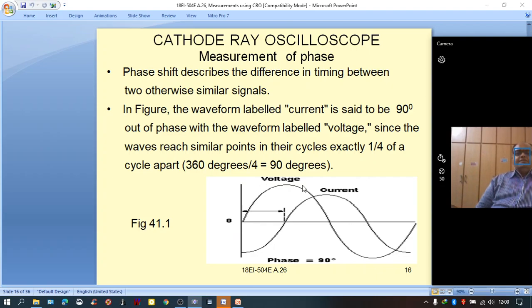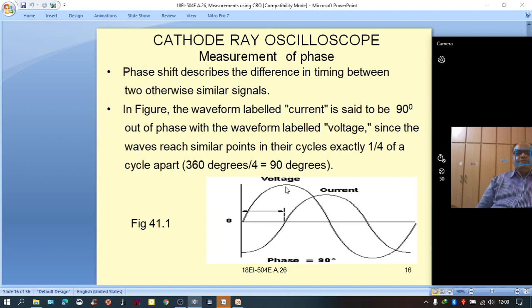Now here in this particular example, one signal is applied to X channel, another signal is applied to Y channel. Now as you can see, voltage is starting at time t is equal to 0, whereas current is starting at time t is equal to 90. So for both the signals, either we have to select the starting point, or the peak value.